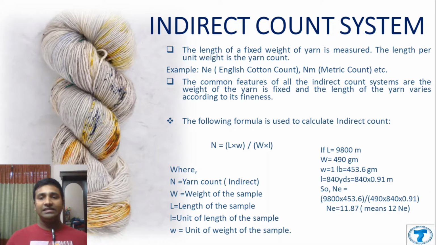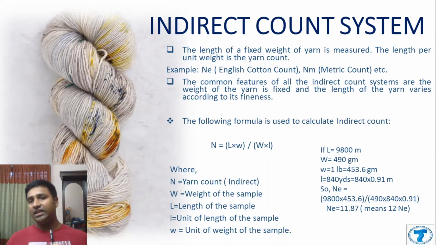We need to convert that 840 yards into meters because the sample yarn length is in meters. If we put all the data into the formula, we will get the English count as 11.87.